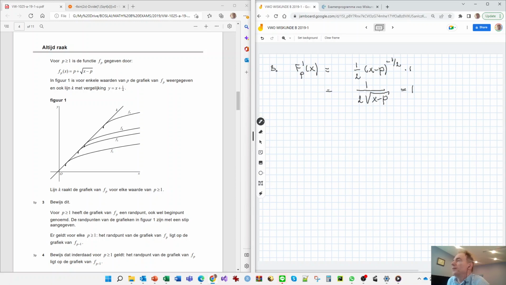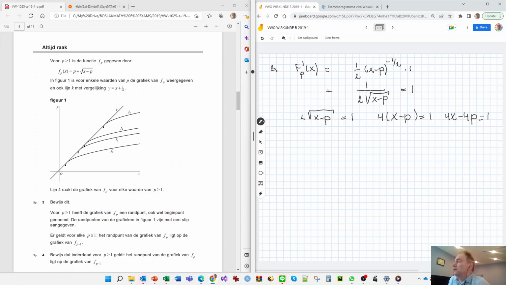So, I simply get 2 times the square root of x minus p is equal to 1. I take the square, both sides, I get 4(x minus p) is equal to 1. I want to isolate x, so well, let me just remove the parentheses.